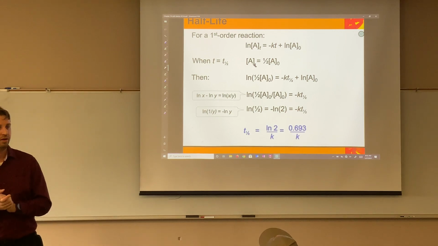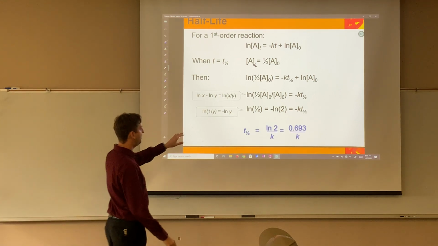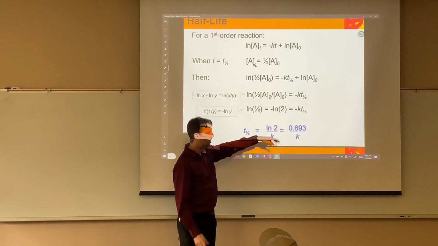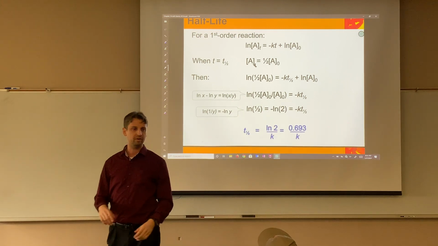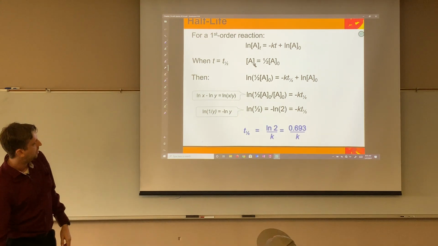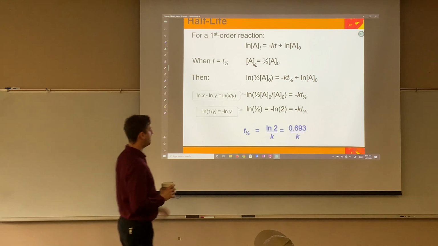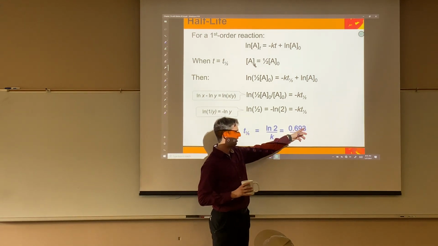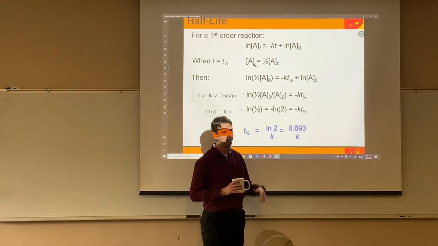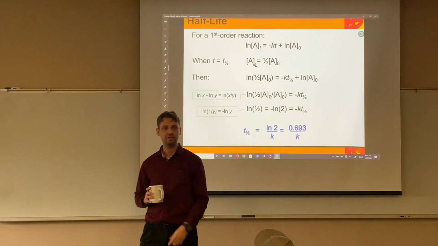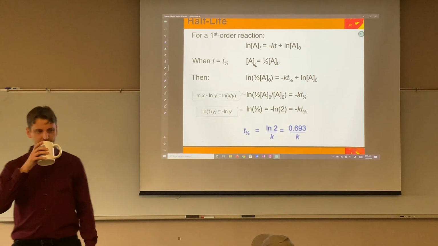So that simplifies the concentrations down to a constant, and that's where the natural log of 2 comes from. It deals with the concentrations. So t 1/2 is equal to natural log of 2 over k, or sometimes in the book you'll see it as 0.69 something. It's the exact same thing. I don't care which one you use. Good?